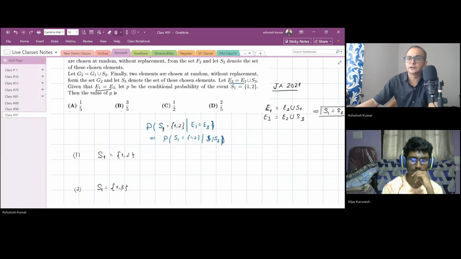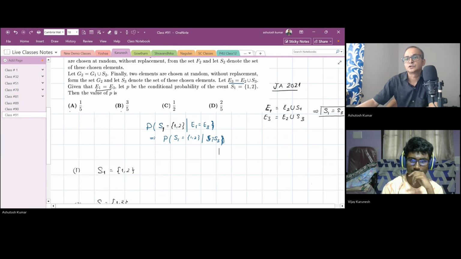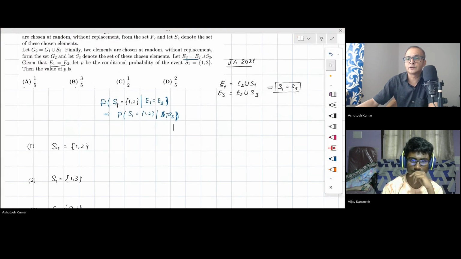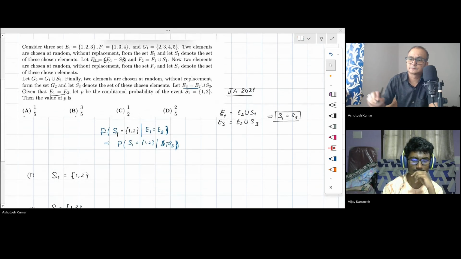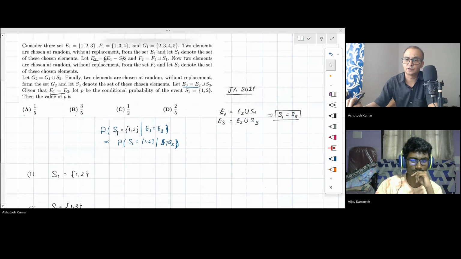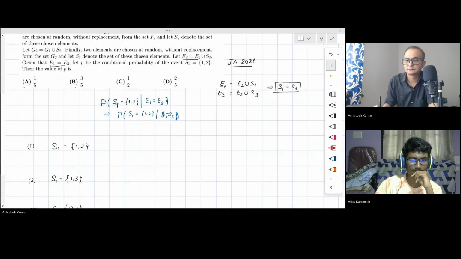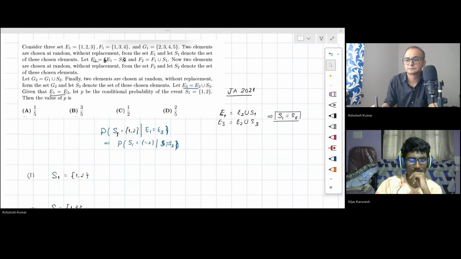What do we do after this? Can you use some information to do that? Notice what is happening at the second level. You have S1 here, 1 comma 2. Can we construct F2?